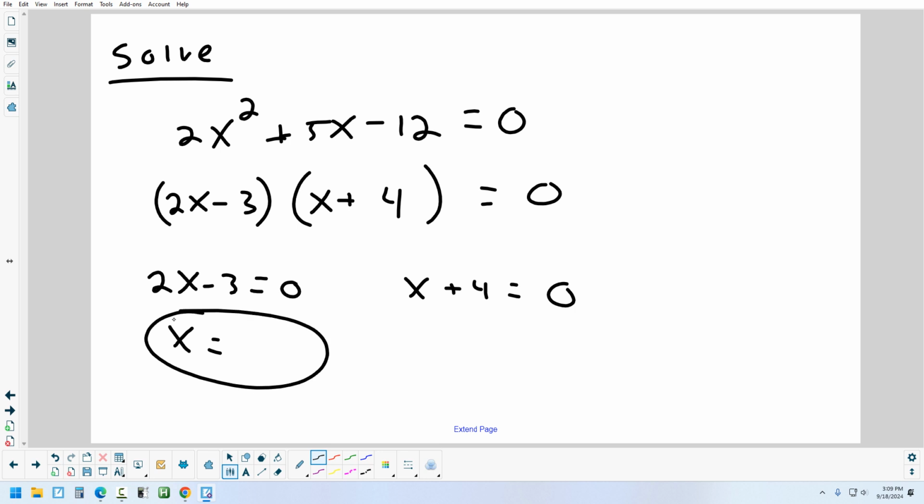What would we get for x when we set the first factor equal to 0? Negative 3 halves. Careful, because you're going to add the 3. Just 3 halves. Then positive 3 halves. And what would we get for x in this one? Yep, negative 4. So those are the two answers.